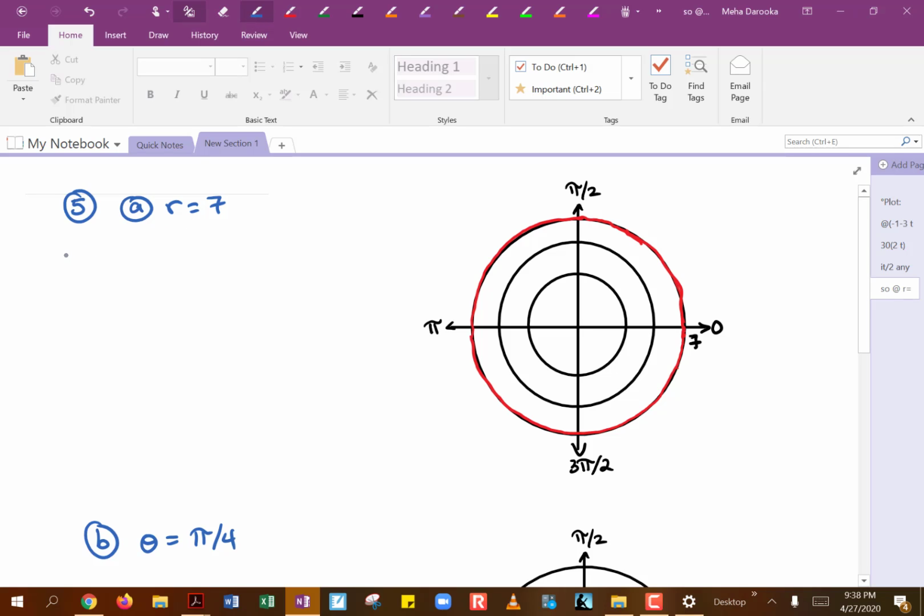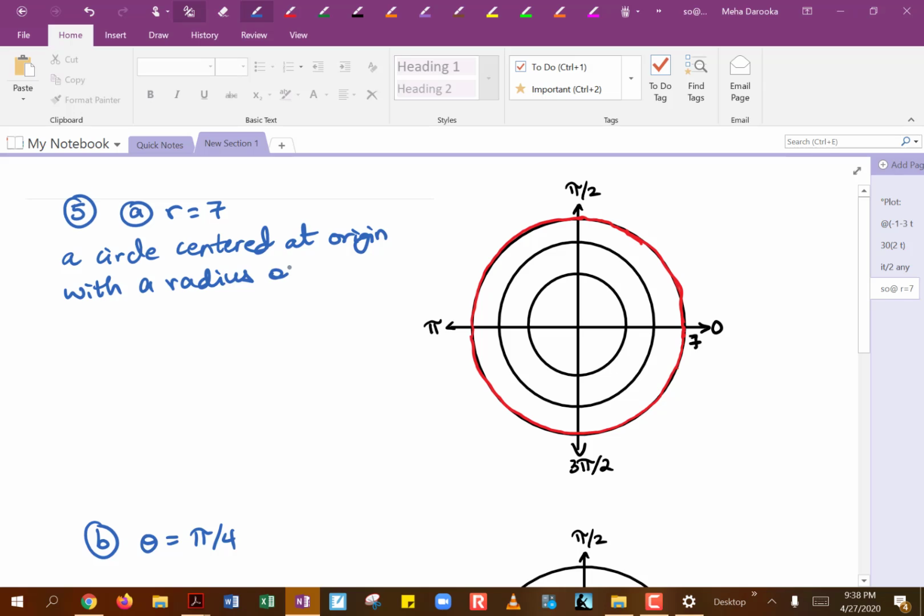And you can basically think of this as a circle centered at the origin, right? That has a radius of 7. So a circle centered at the origin that has a radius of 7, so we can use the relationship r equals 7.